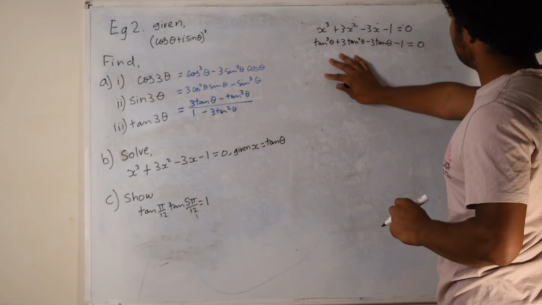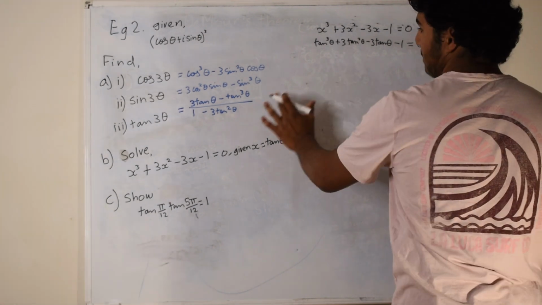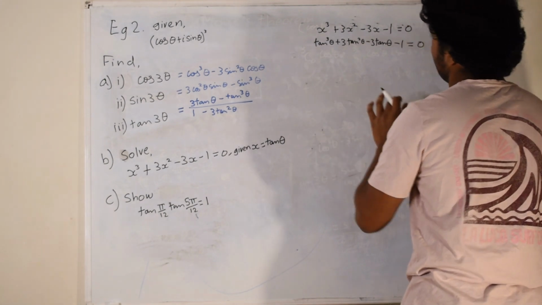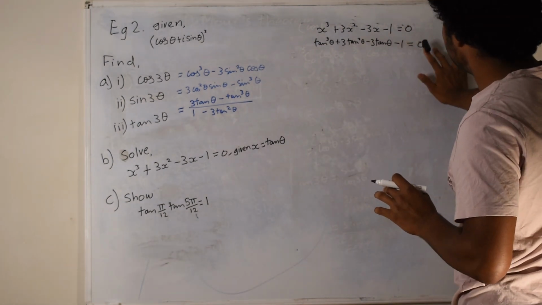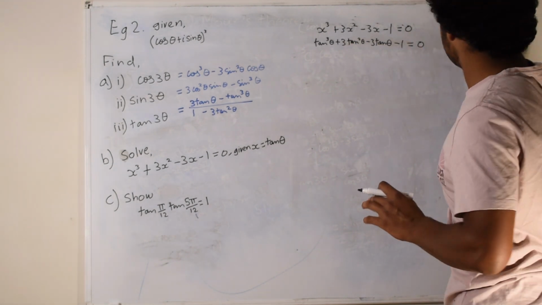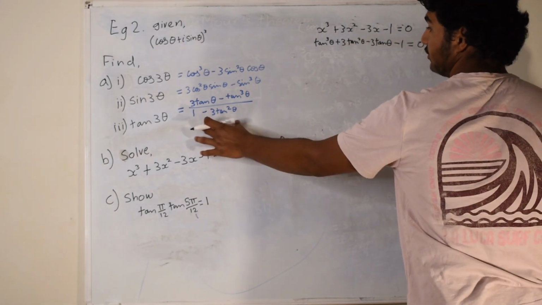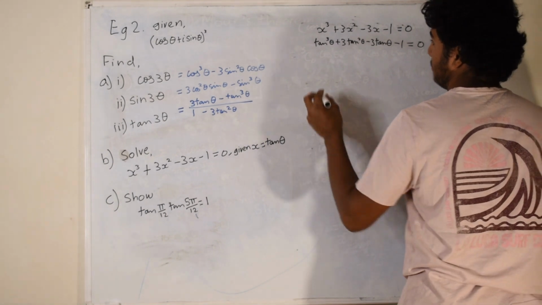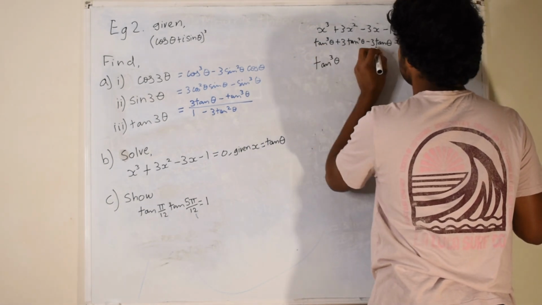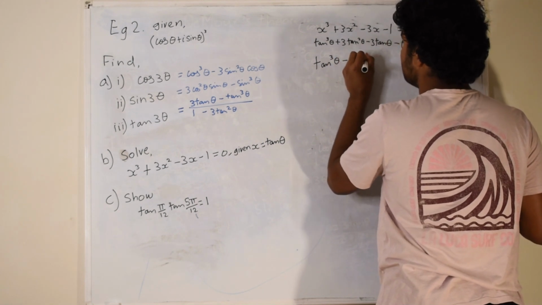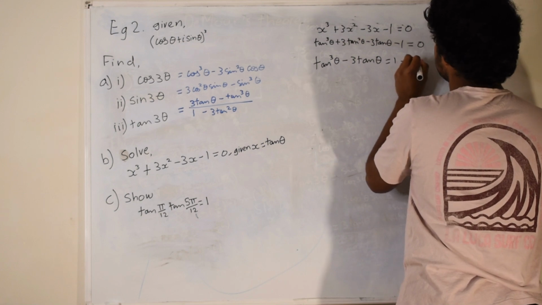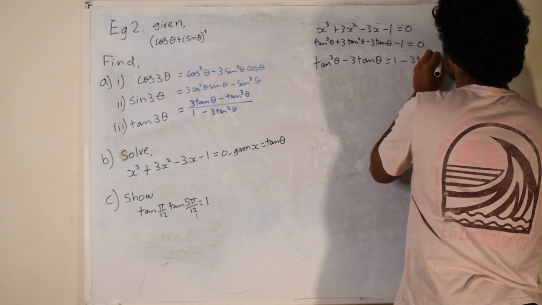So we have that. If we come back to this, we can add the 1 on the other side and add minus 3 tan squared theta on the other side, which then gives us the denominator, which is promising. So we can go tan cubed theta minus 3 tan theta equals 1 minus 3 tan squared theta.